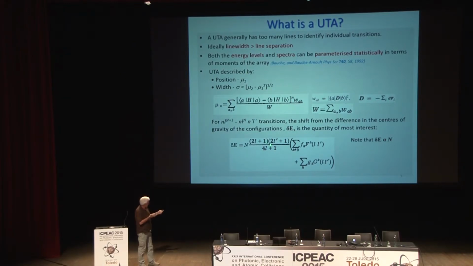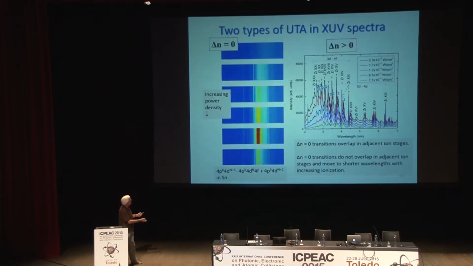So there's an interplay between both of these terms, and for low atomic number materials like tin and so on, the Slater-Condon factors dominate, so the array moves to shorter wavelength with increasing energy, whereas when you go to very high Z materials like platinum or bismuth, this term here dominates, and the array shifts to lower energy with increasing ionization. Now, what do these things look like?